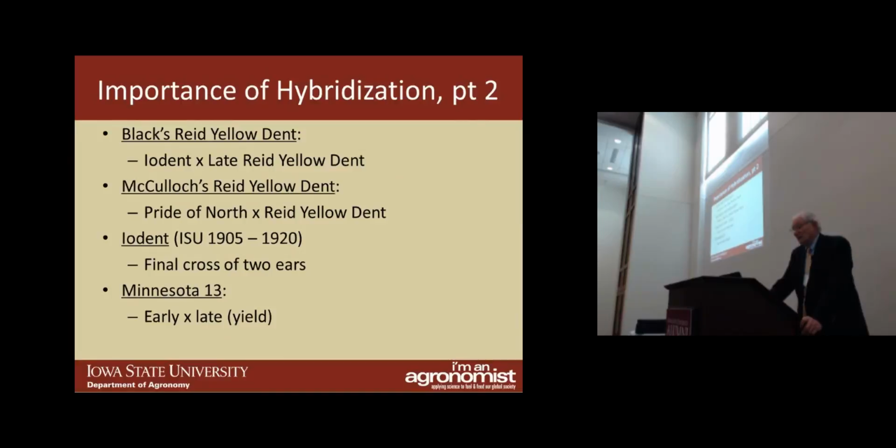Reid's yellow is Iodent, but late yellow dent. McCullough's, probably the north, but Reid yellow dent. Iodent, a cross between two ears, and so forth. So even our open pollinated varieties during this period of time, a lot of those have been developed by making crosses between other cultivars and then selecting within those, such as Reid yellow dent.